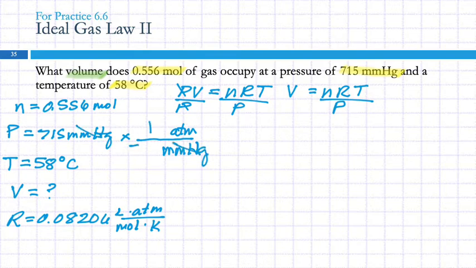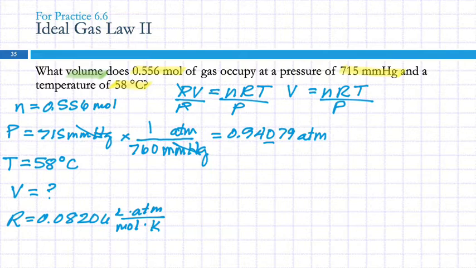One atmosphere is 760 millimeters of mercury. 0.94029 atmospheres. Remember, we don't want to round the numbers when we're going to use them in more calculations.